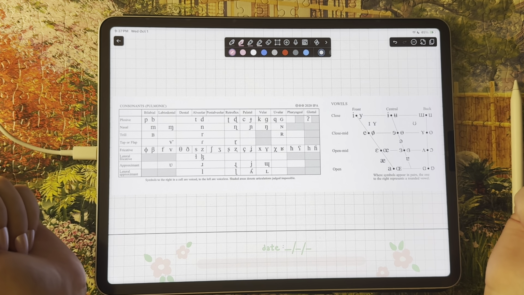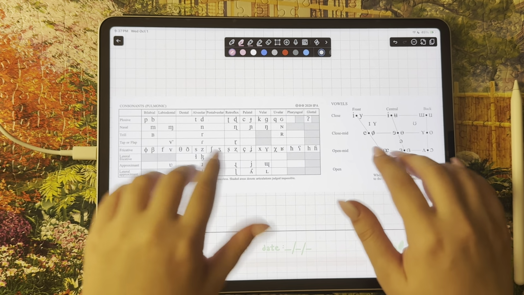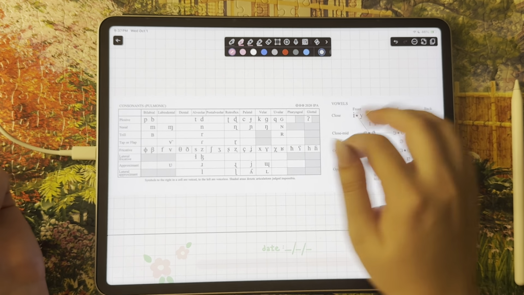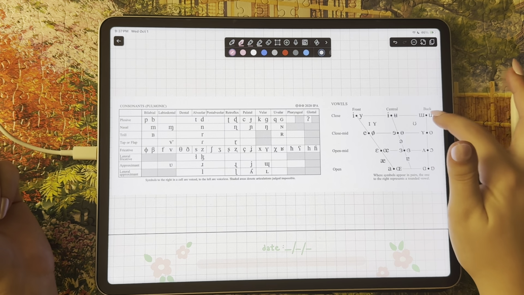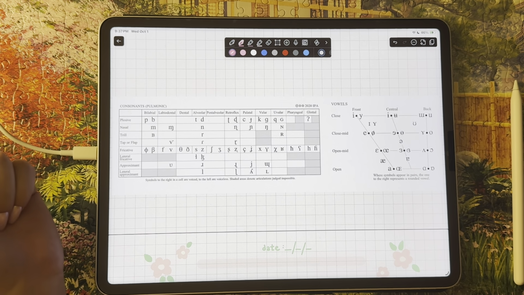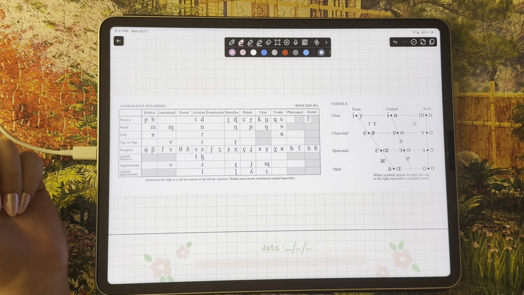So to get started, I have an IPA chart here and a vowel chart. I will just kind of start from left to right.